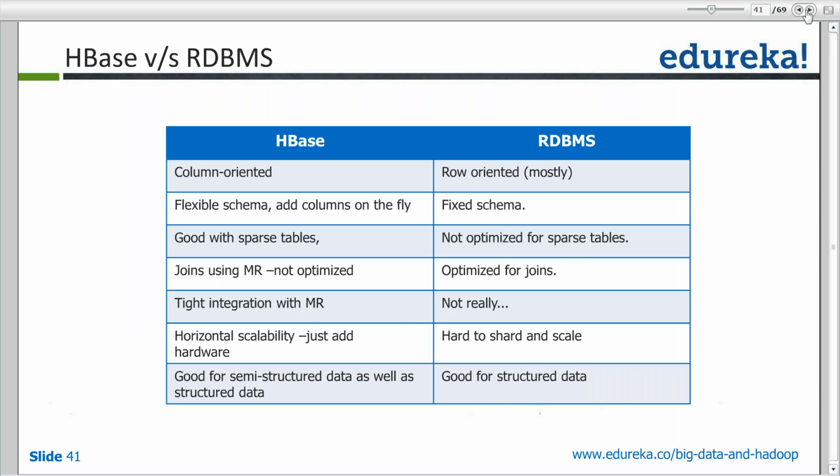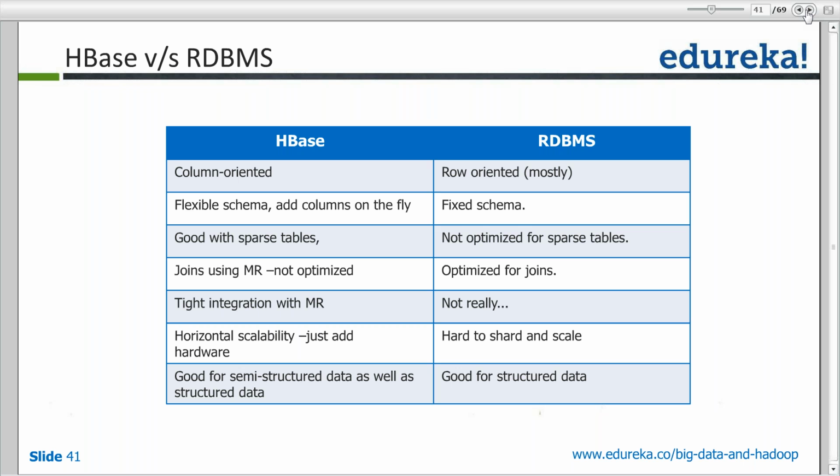Now, if you compare HBase with RDBMS, HBase is column-oriented because you define columns, and most RDBMS are row-oriented. HBase has flexible schemas. You can add columns on the fly. RDBMS has fixed schemas. HBase is good with sparse tables, right? When I mean sparse, huge tables.